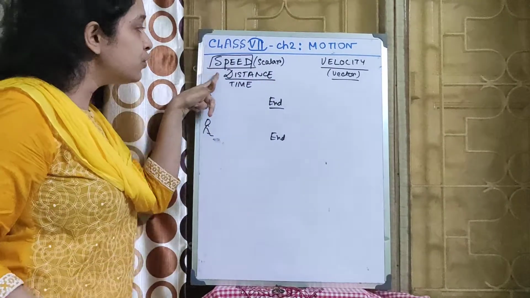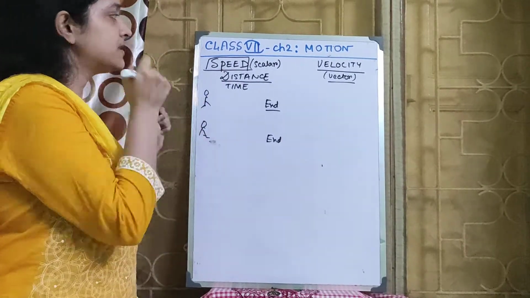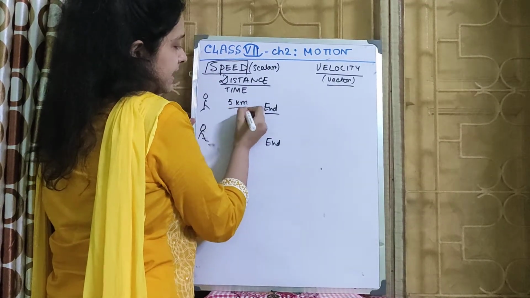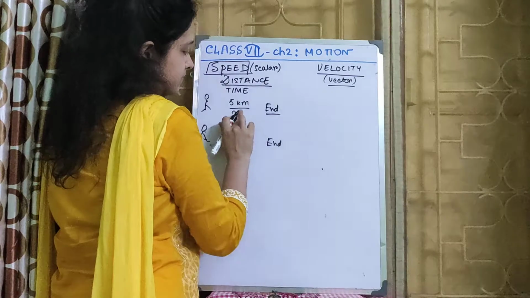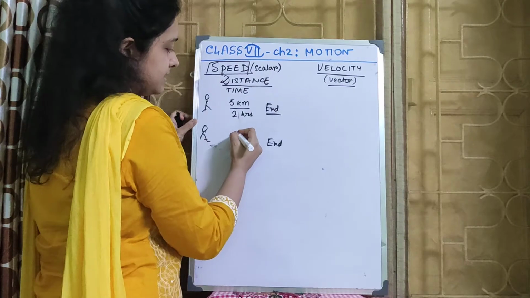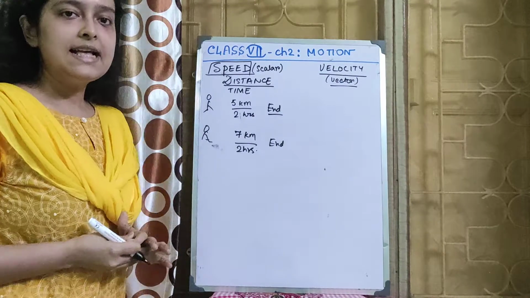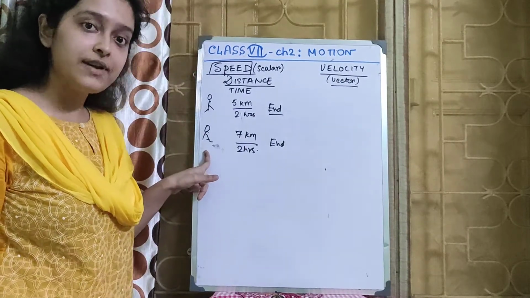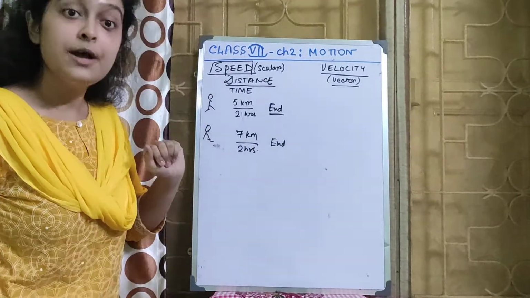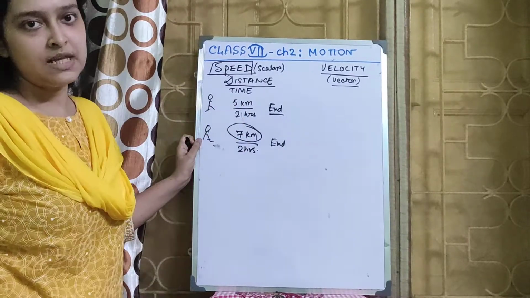Suppose you cover, say for example, 5 kilometers in 2 hours, and your friend covers 7 kilometers in 2 hours. That means your friend is faster, right? That means your friend will reach the end point faster than you will reach, because your friend is covering more distance in the same time.